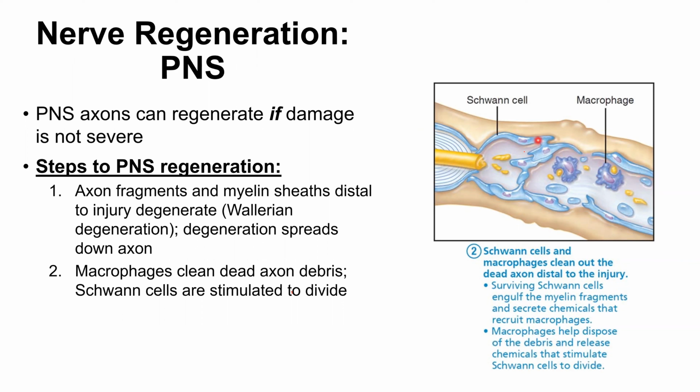And then the Schwann cells, if you guys remember what Schwann cells are, these are the myelin makers of the peripheral nervous system. These are going to be stimulated to start dividing, right? So they're undergoing mitosis and making duplicates of themselves in order to start creating this new myelin sheath.